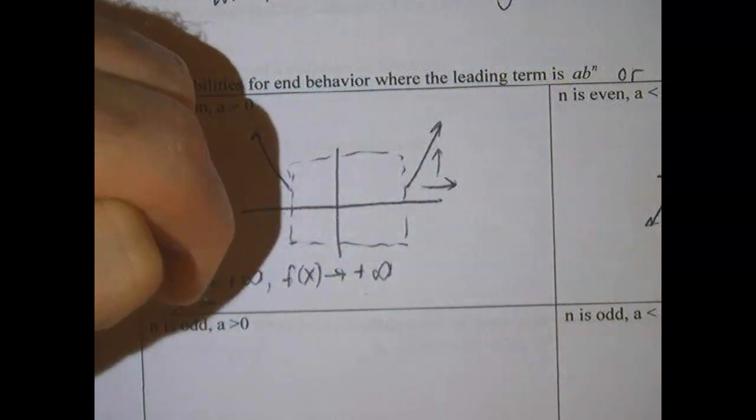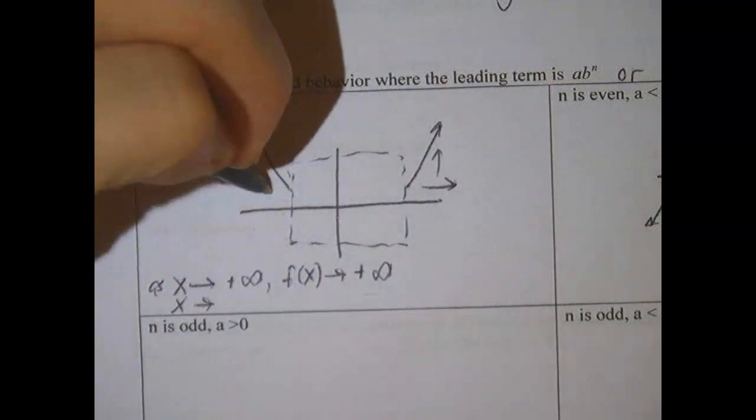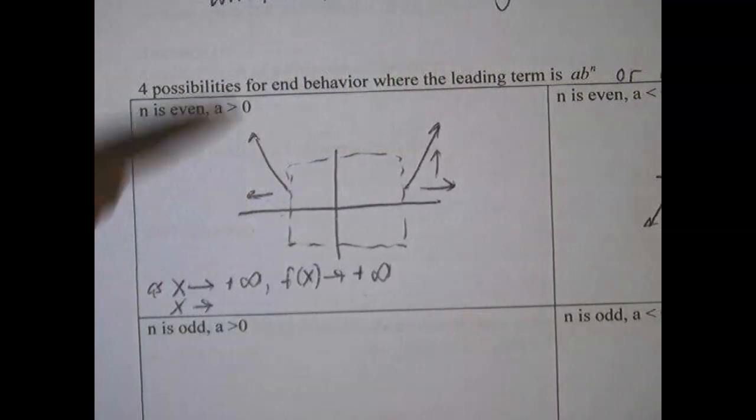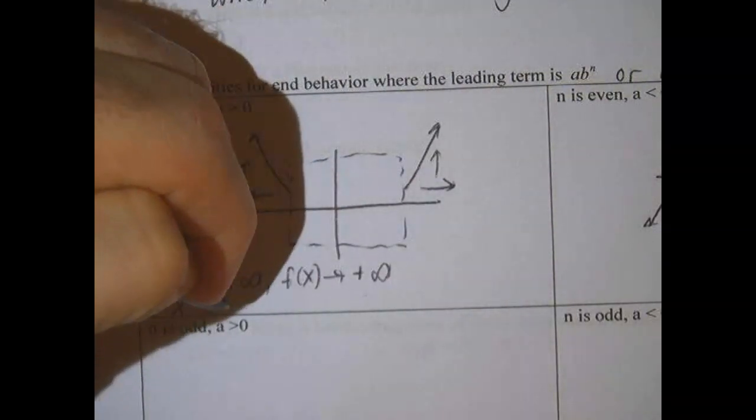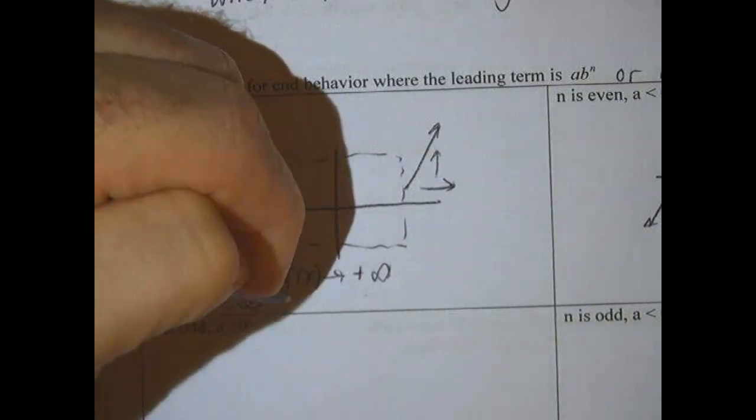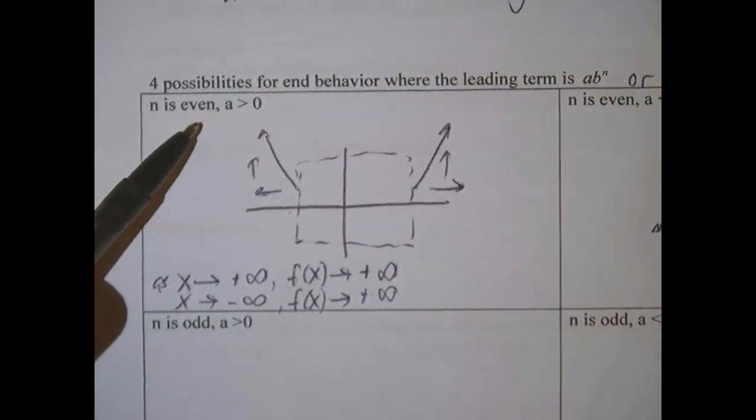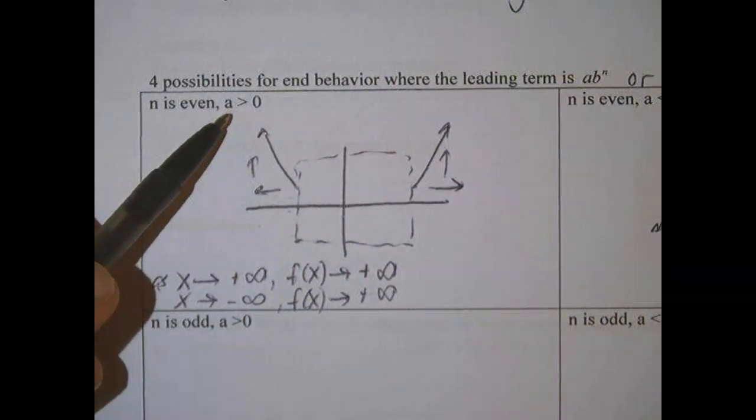As x goes towards negative infinity, in other words, when it's moving this way, the function's also going up. So as x goes towards negative infinity, f of x still goes towards positive infinity. That's the case with the even positive power function.